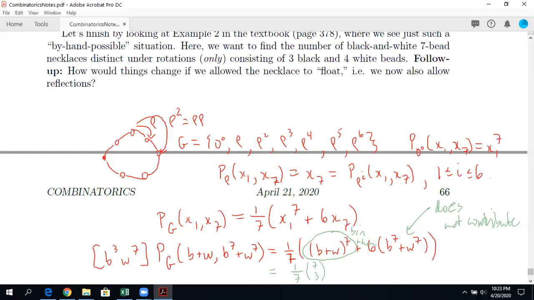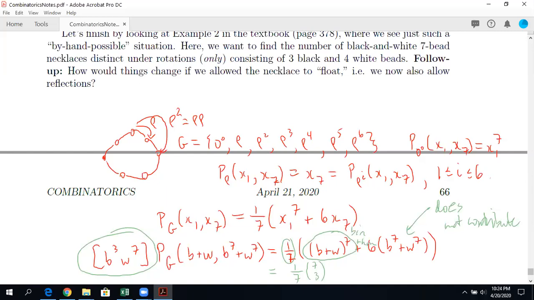The 1/7 came from there, and we don't write b to the 3rd, w to the 4th because I already said I want the coefficient. That's what that notation means. The coefficient is 7 choose 3. I multiply that by 1/7, and that is the answer. I didn't have to do any kind of weird Wolfram Alpha magic or anything like that to pull that off.